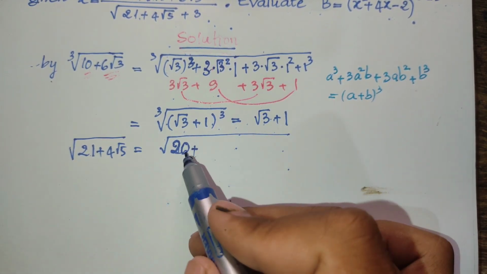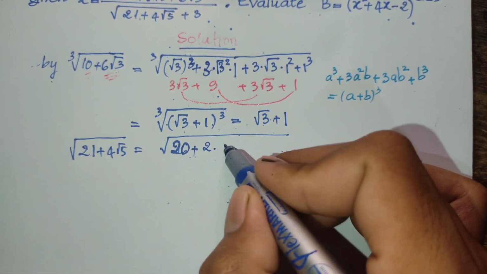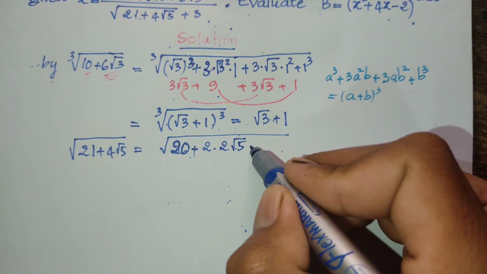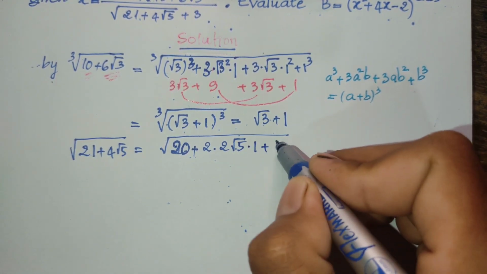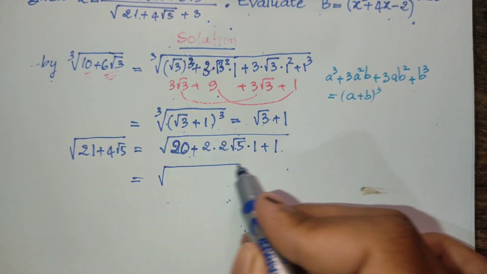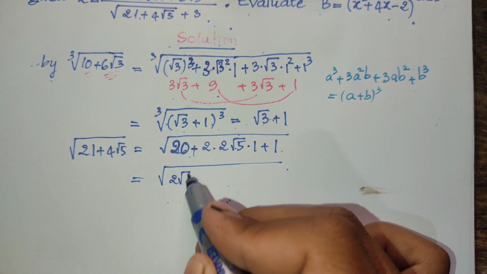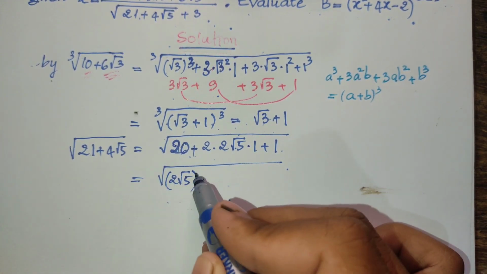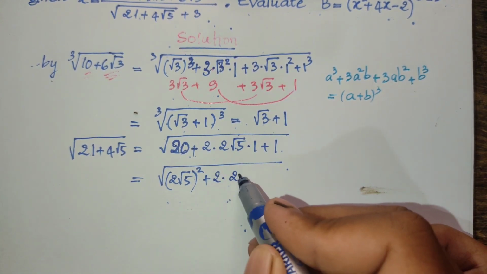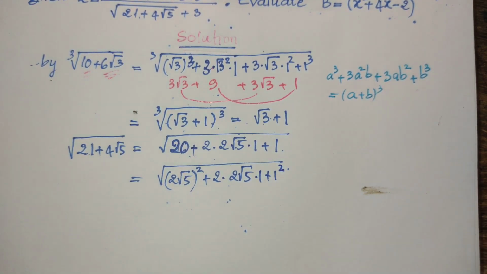Okay, 21 I can write as 20 plus 2 multiplied by 2 square root 5 multiplied by 1 plus 1. This I also can write as (2 square root 5) all squared plus 2 multiplied by 2 square root 5 multiplied by 1 plus 1 squared.